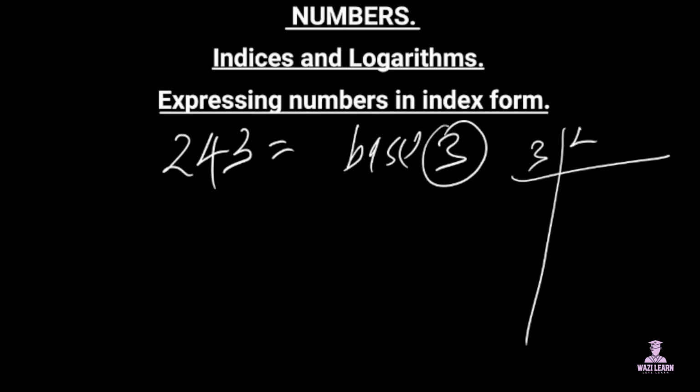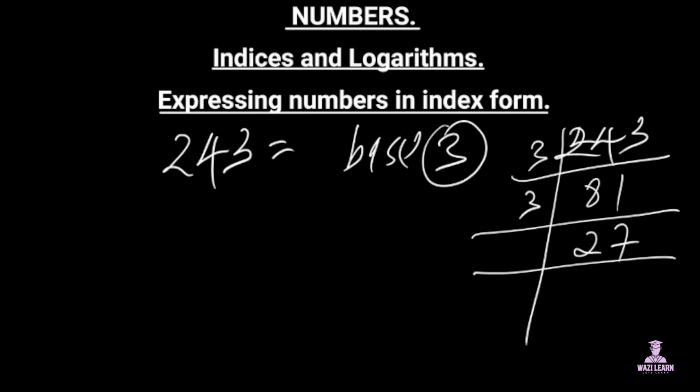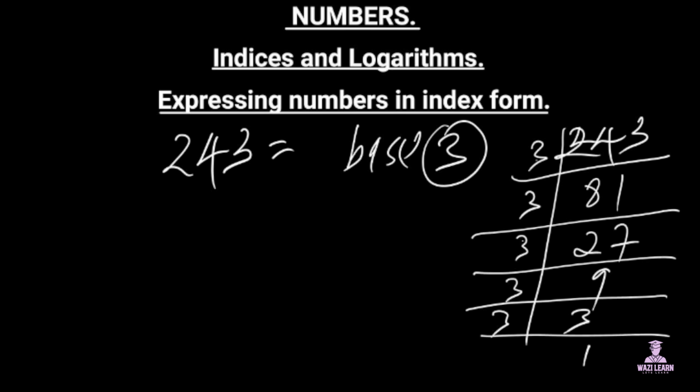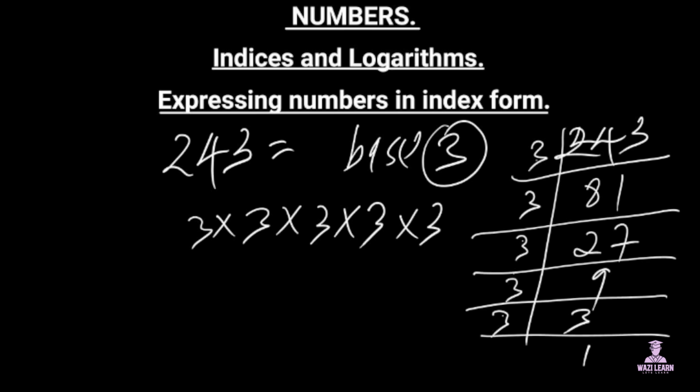So 243 divided by 3 will be 81, divided by 3 will be 27, divided by 3 will be 9, 3, then 1. So we have 1, 2, 3, 4, 5. So it will be 3 times 3 times 3 times 3 times another 3. So we are just multiplying 3 five times. So this is 243 expressed in index form.